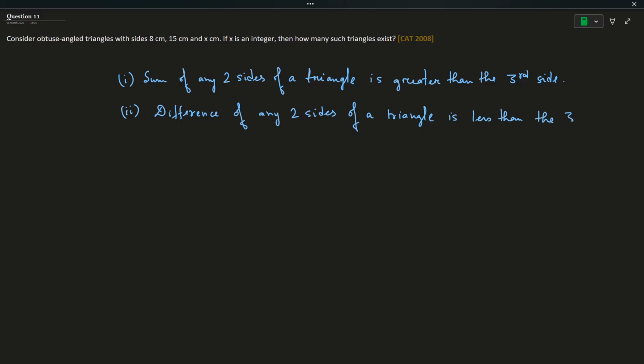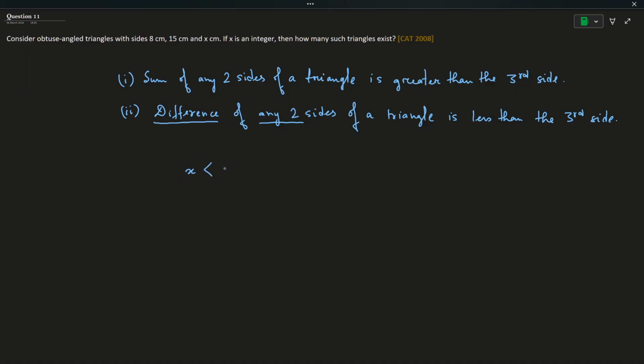Please note this difference is the bigger side minus the smaller side. When you are taking any two sides, please make sure that you are subtracting the smaller from the bigger side.